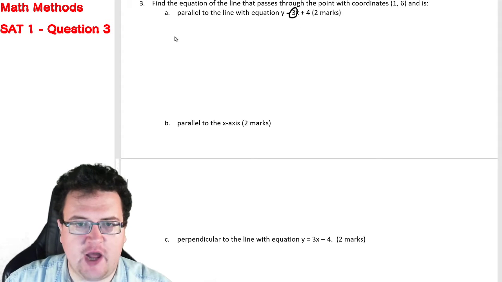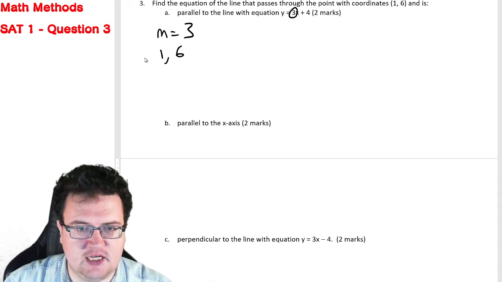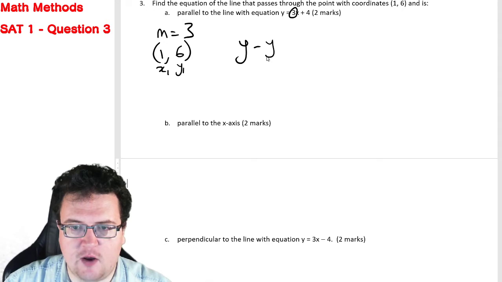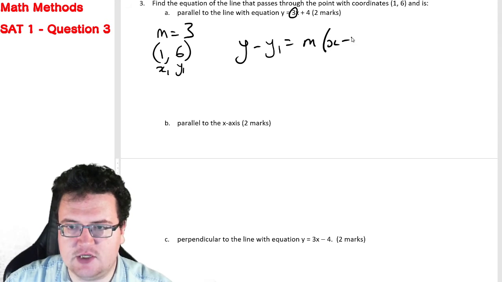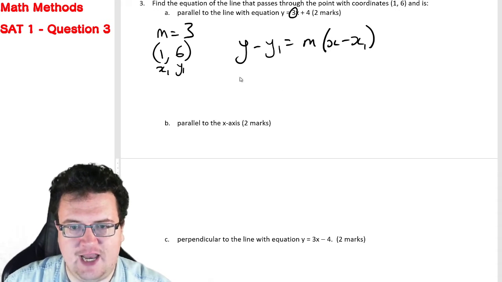So we need to find the equation of a line with gradient of 3 that passes through 1, 6. In this case, this is x1, y1. For that, we can use the formula y minus y1 equals m bracket x minus x1 and substitute in what we now have.